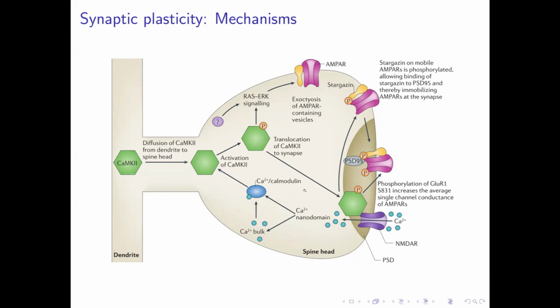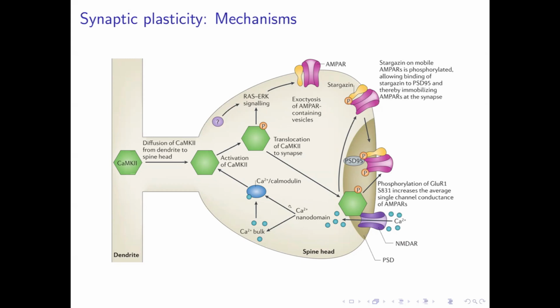model for what's happening at glutamatergic synapses onto pyramidal cells, both in hippocampus and cortex. And the idea is that to trigger plasticity, you need first to have a calcium influx into the postsynaptic spine. And this happens through NMDA receptors. There are also voltage-gated calcium channels that are not shown in this slide.